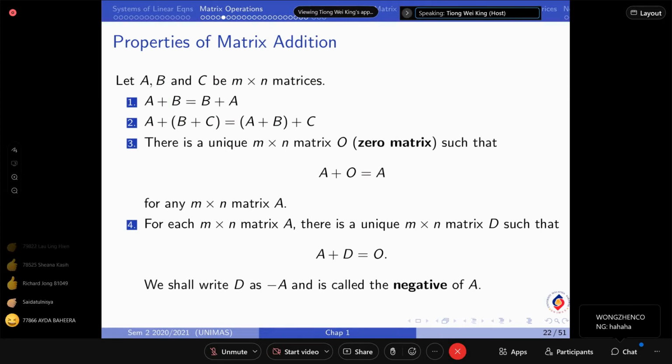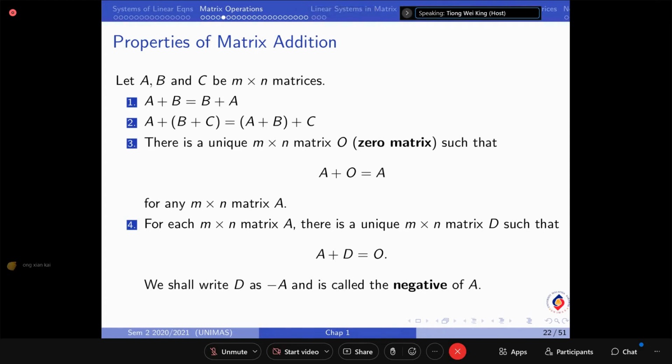And then the properties of matrix addition. Okay, so A plus B is equal to B plus A, and A plus bracket B plus C is also the same as bracket A plus B plus C. And then there's a unique M by N matrix O, which is the zero matrix. Zero matrix means everything is zero.